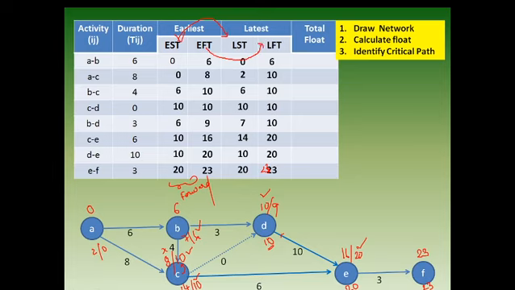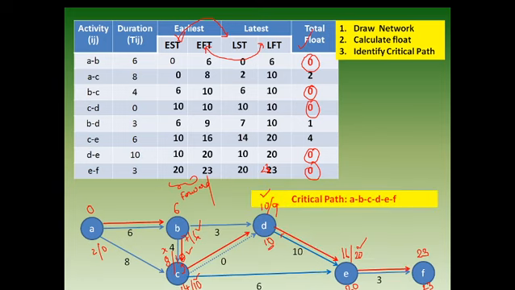We will get the values of float, and whose float is 0, that becomes critical activities. Those critical activities will be denoted with double lines. So this becomes our critical path. The double line path will be our critical path.